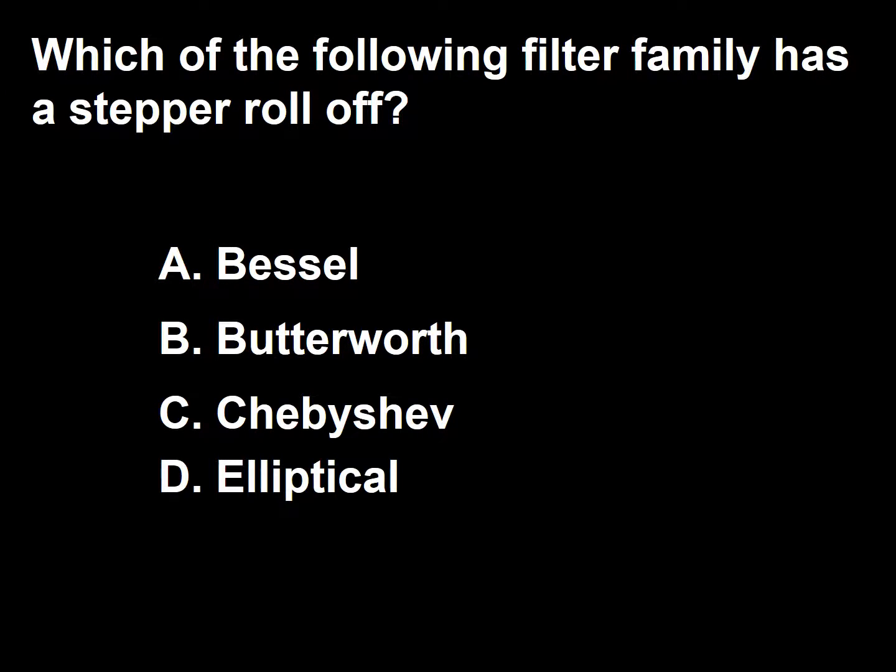Next question. Which of the following filter family has a steeper roll-off? A, Bessel. B, Butterworth. C, Chebyshev. D, elliptical.